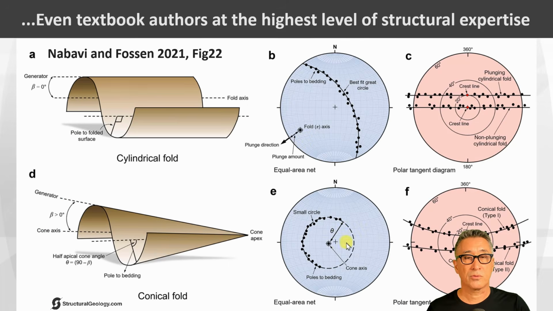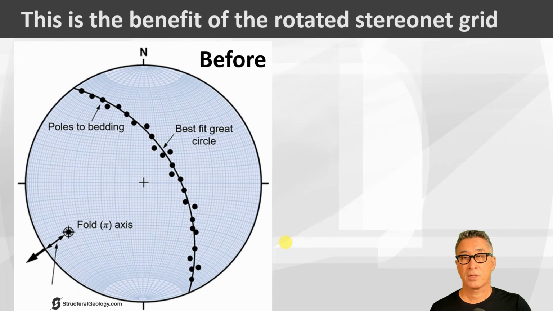This is the meridional grid in the Stereonet, okay? So what I want to do is to demonstrate, just taking these two Stereonets, and show you what these would look like with a rotated grid. Here's the original one. You can kind of guess what the fold axis plunge is.